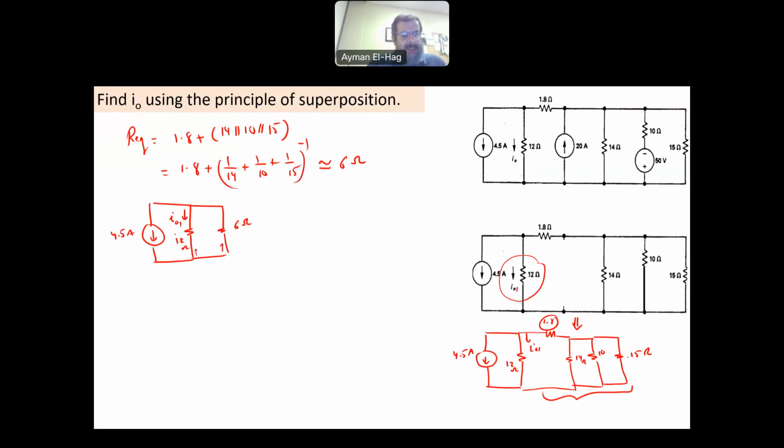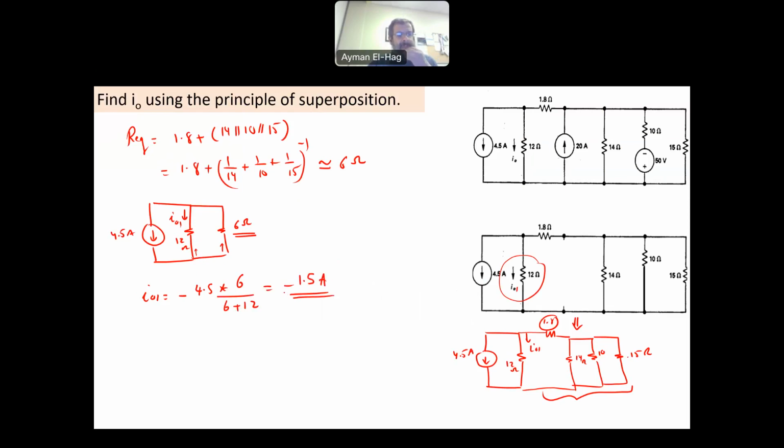So I01 is in the negative direction of the current that will be entering the circuit, and using current division, your I01 will equal minus, because as I said, the current will be entering this way, opposing the current direction given in the question, times the main current 4.5 times current division: you multiply it by the other resistance in parallel, divide by 6 plus 12, and this will give you minus 1.5 amps.